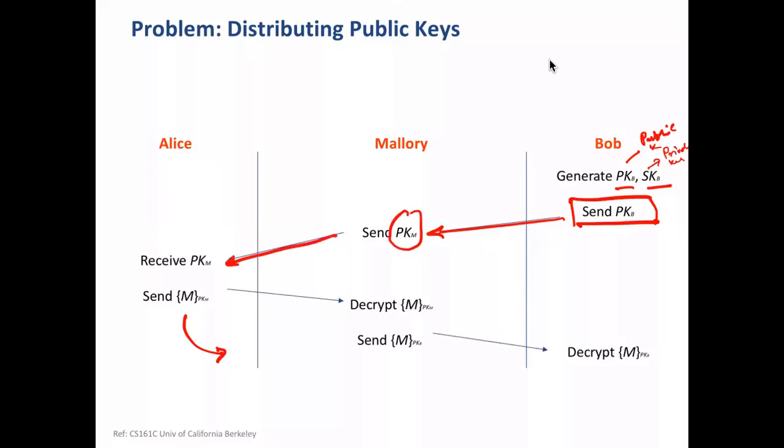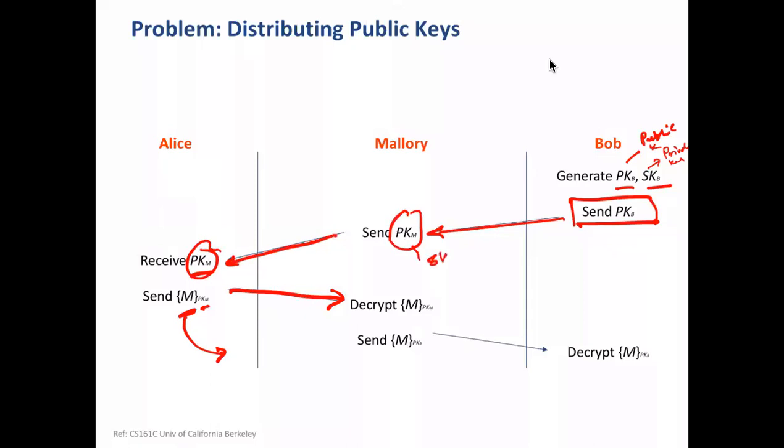So Alice gets PKM. Okay. Now Alice thinks that it has come from Bob, and then she encrypts the message with the public key of Mallory, because she thinks this key has come from Bob, and then she sends this message, and Mallory is in between. Now she has the private key of this one also, right?